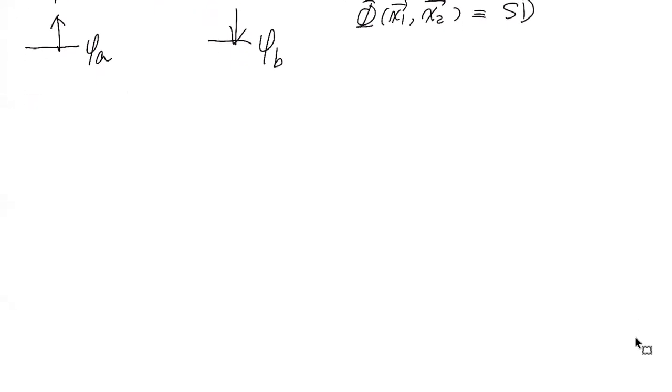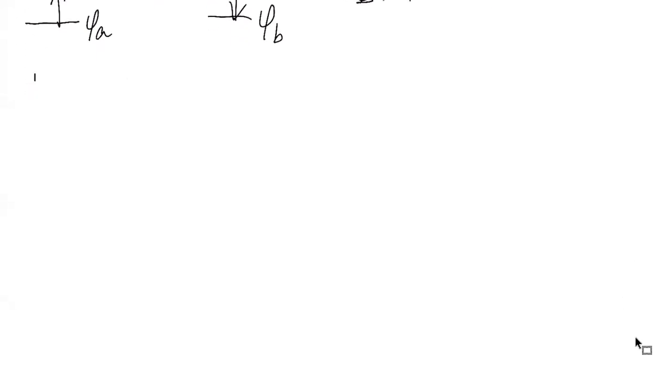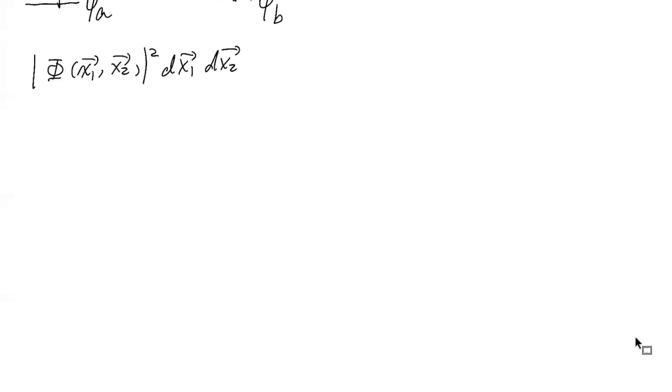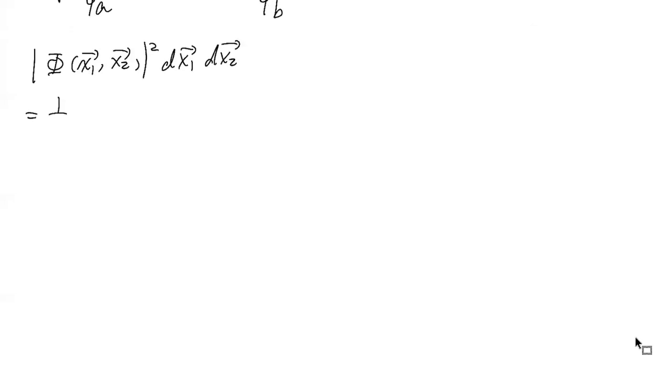Now, let's consider the probability distribution. This is, of course, 1 over root 2 times the Slater determinant. Now we can do an expansion for this 2 by 2 Slater determinant.